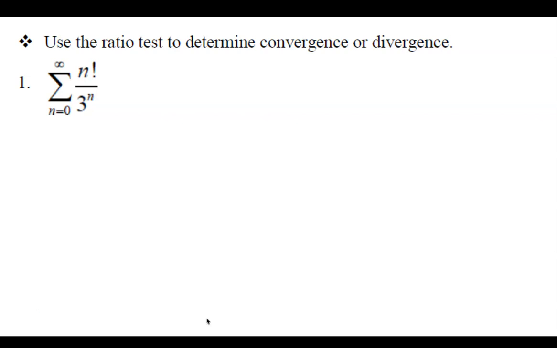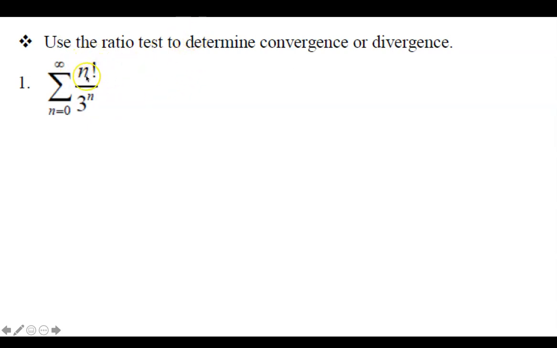So, here's a series. First thing I'm going to tell you, without doing the ratio test, is that this series will diverge. How do I know? It's a little thing called relative growth rate. The function 3 to the power n is an exponential. It's going to get really big really quick.